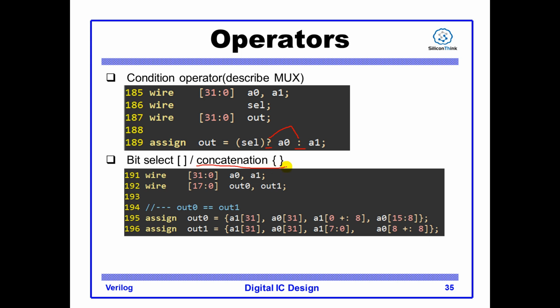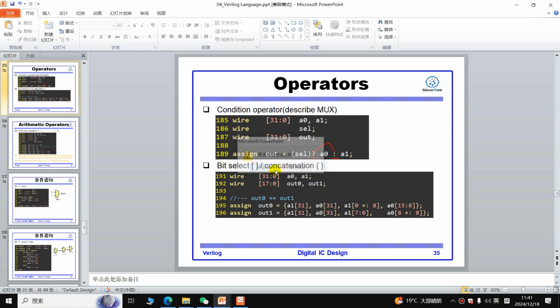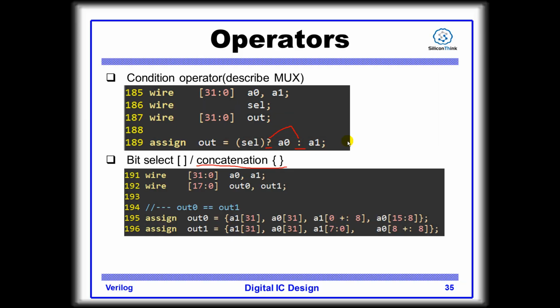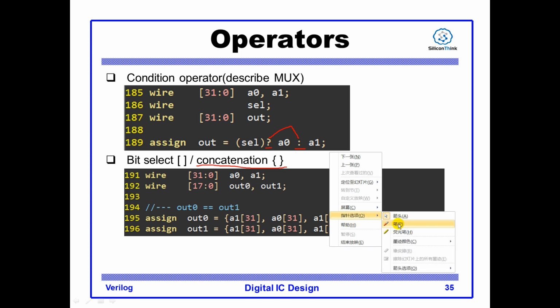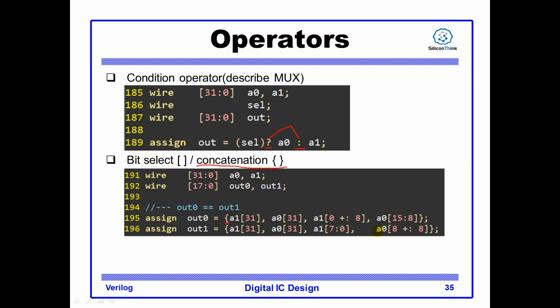And the concatenation operator. Yeah, you have seen it before. This symbol is concatenation. It will join bit segments into a value of larger bits. And we use this symbol to do bit select. Okay, you can select one bit or you can select some continuous bits.